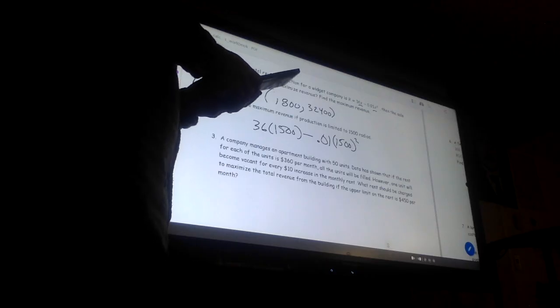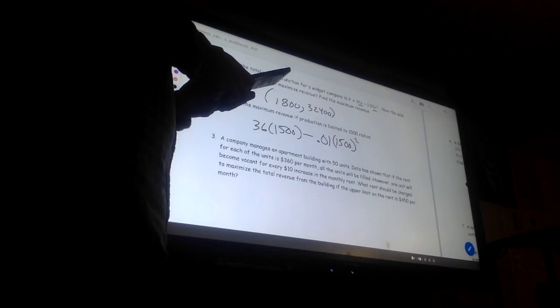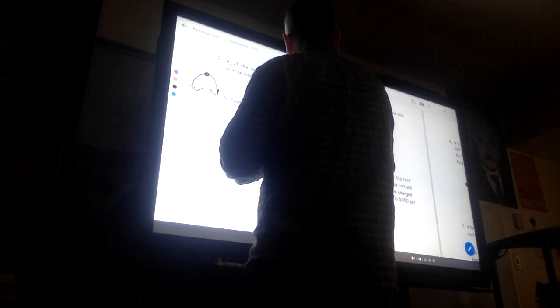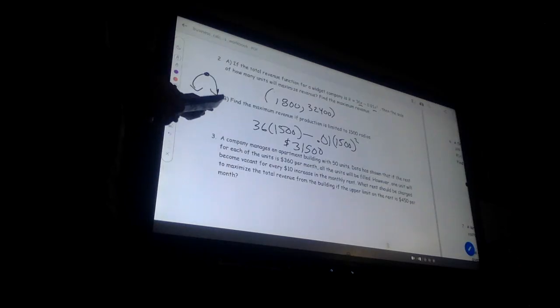So 36 times 1,500 minus 0.01 times 1,500 squared. So if we did 1,500 units, we're going to come out with $31,500 in revenue. So obviously this is a lesser amount of revenue. If I did 1,800, I'm getting the higher revenue for it. But just one of those things as a business to know.